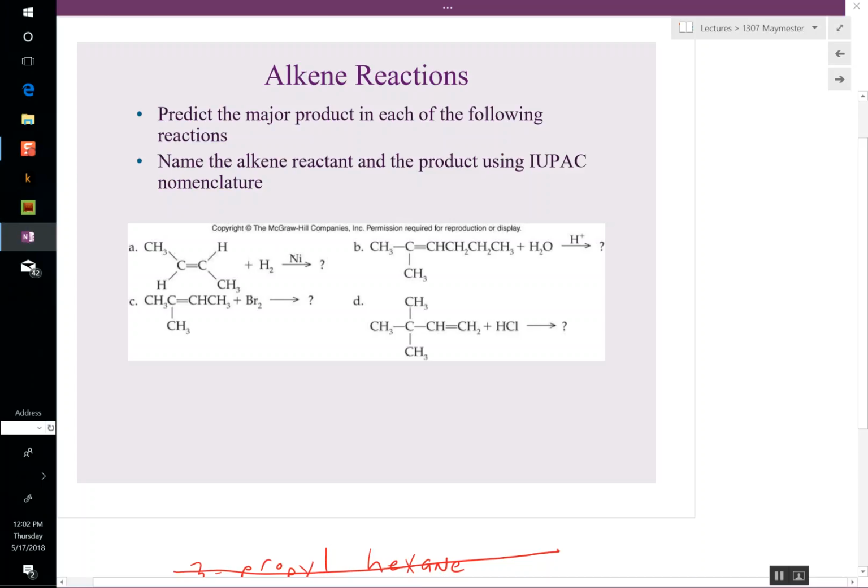One thing I didn't mention with hydrogenation, like this reaction right here, is hydrogenation. How can you tell that? You're reacting it with hydrogen. This nickel right here is a catalyst. So if we were reacting that with hydrogen, there is a catalyst, and it's either nickel, platinum, or palladium.